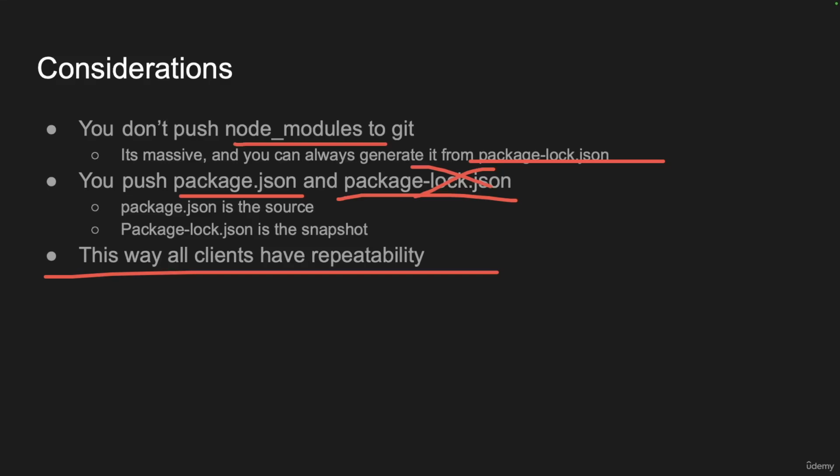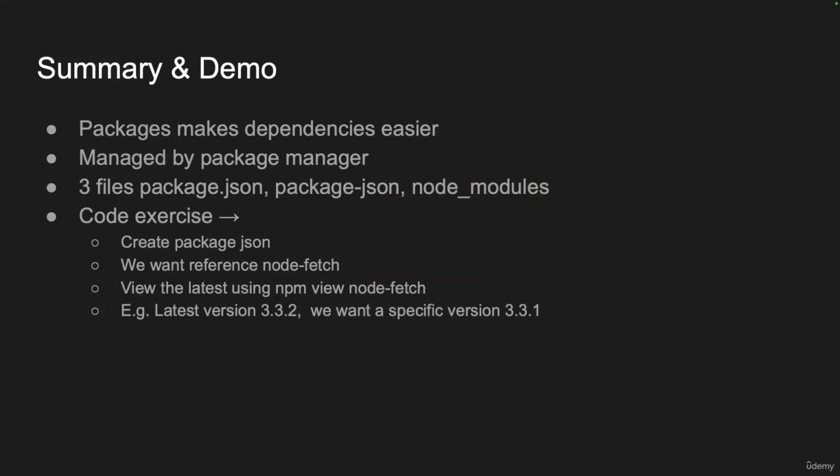This way you're even consistent across the board, because just having package.json and package-lock is not enough, right? Because someone can have different node versions and you can get different results. So you need to also match the runtime.